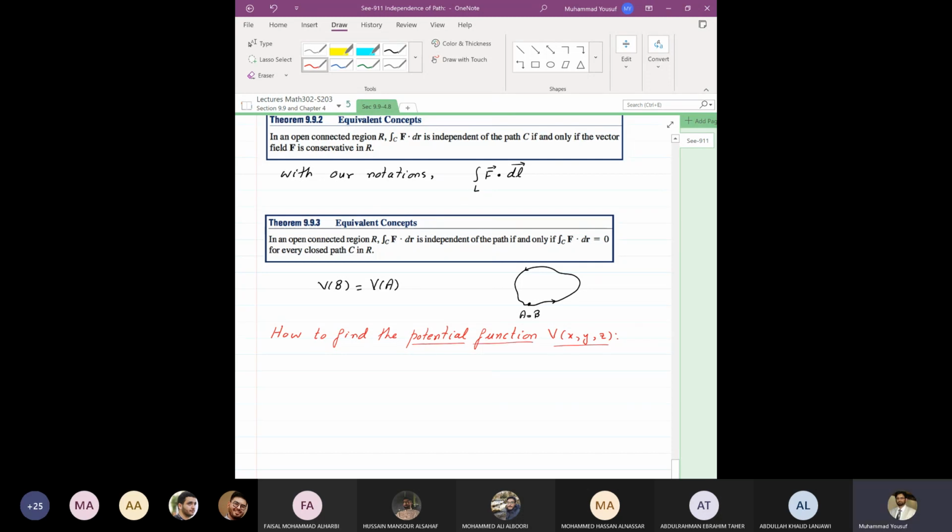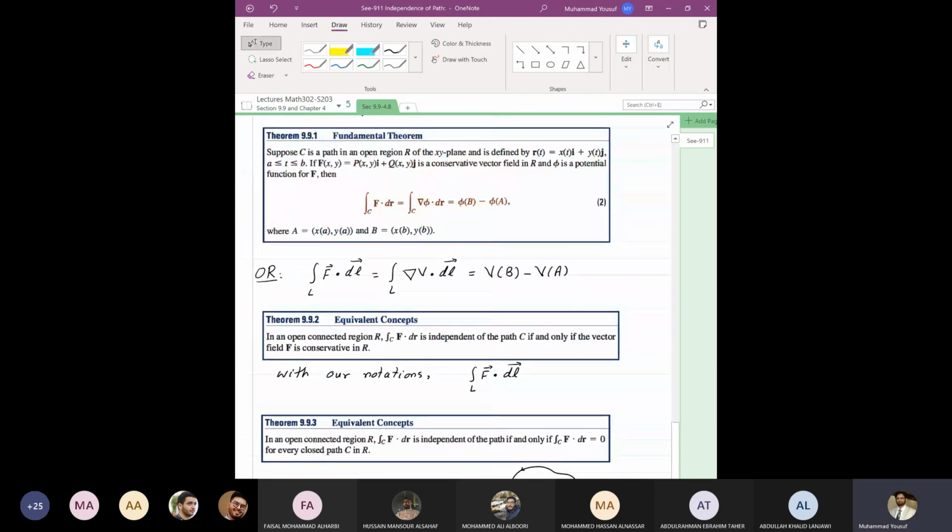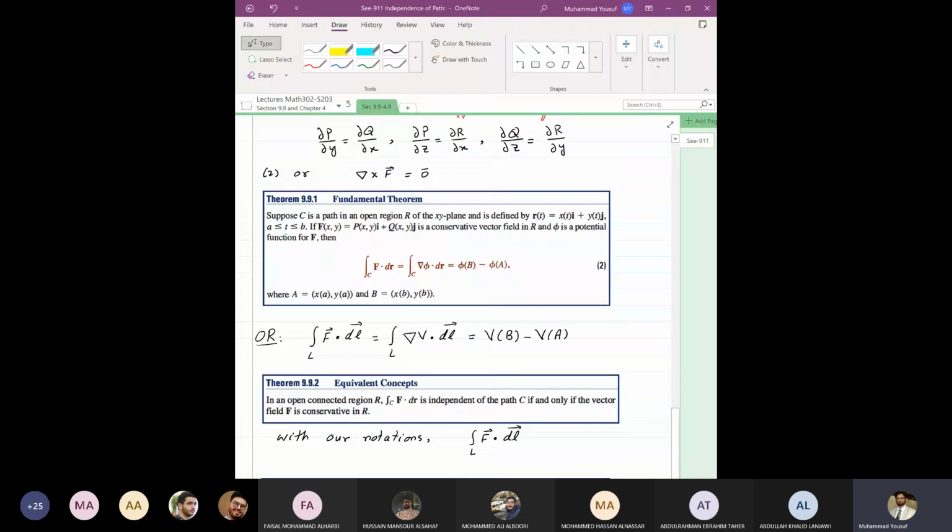Before this, we just learned the definition: when do we say that a vector field F is conservative? Then when it is conservative, what happens with the integral?